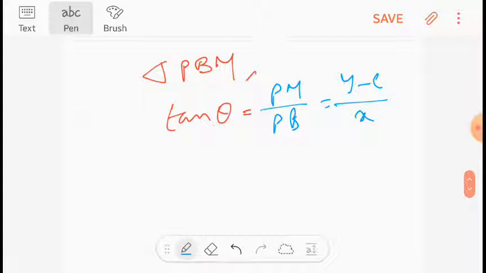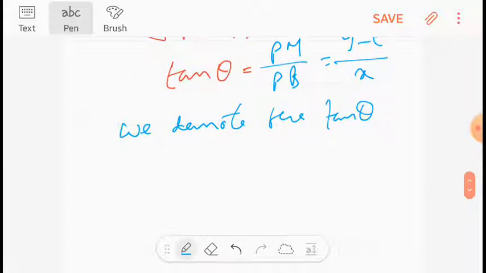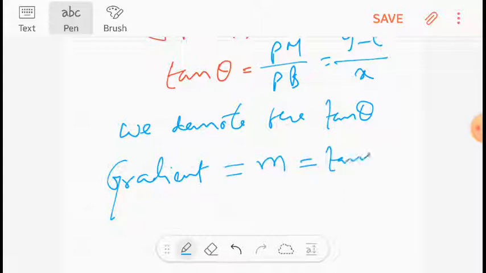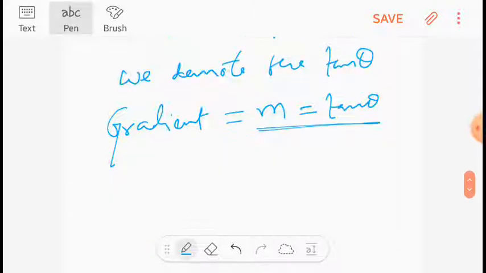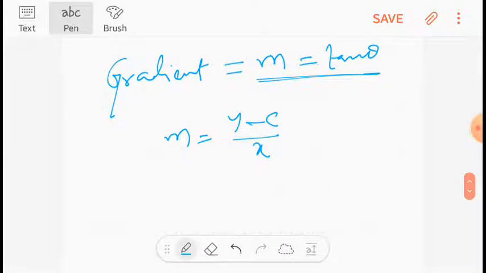Okay, now we denote the tan theta, that is nothing but gradient, as m, so m equal to tan theta. Okay, so that means m equal to (y minus c) divided by x.